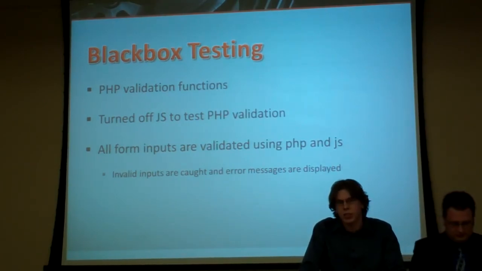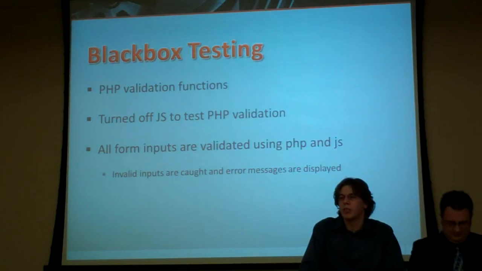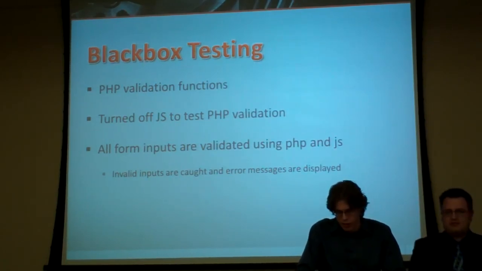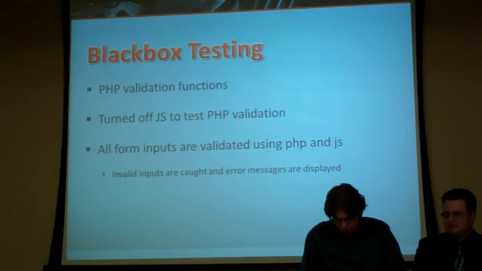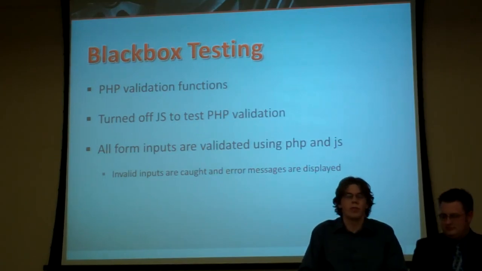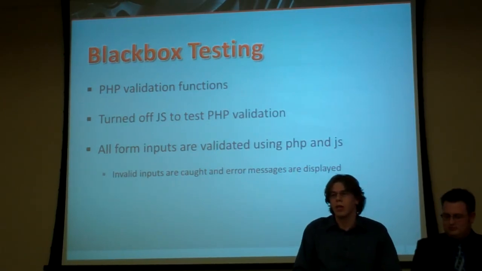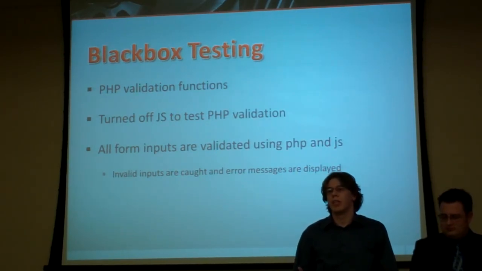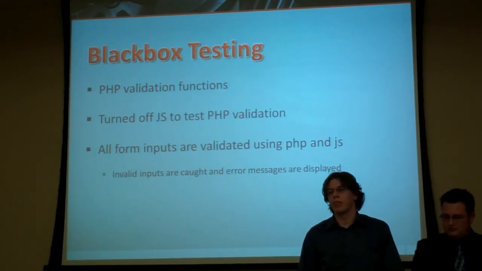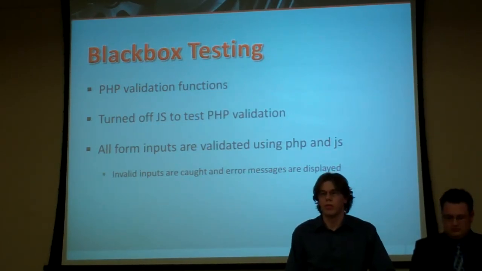So each team member would go through and make sure that all these functions and validations were working correctly. Like for example, as we saw in the demo, when you put in a number that's higher than the given amount, it would throw an error. We had to make sure that of course it would give an error and also not let them pass the document on to the server.